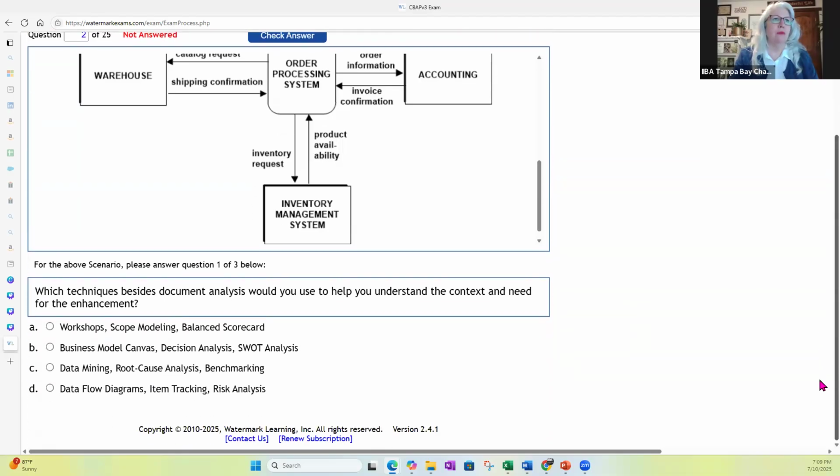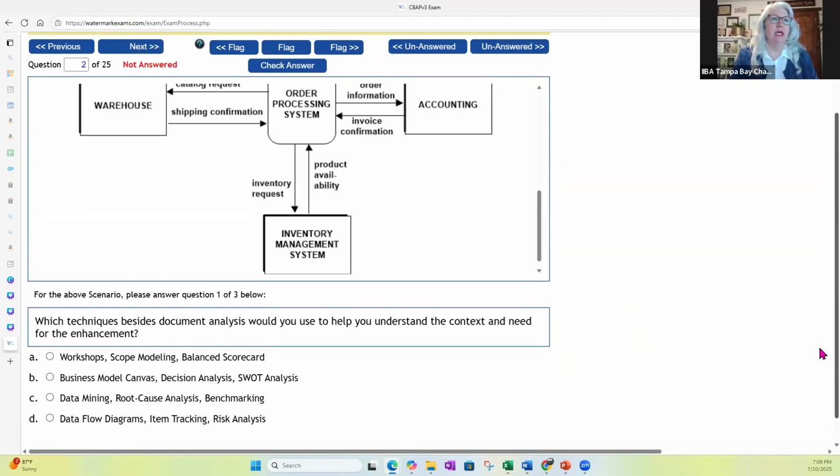We can go back and look at this in just a minute. Let's go to the first question. Which technique besides document analysis would you use to help you understand the context and need for the enhancement? So we know the enhancement is the predictive inventory. And we won't use document analysis because they've eliminated that. We have the context diagram.